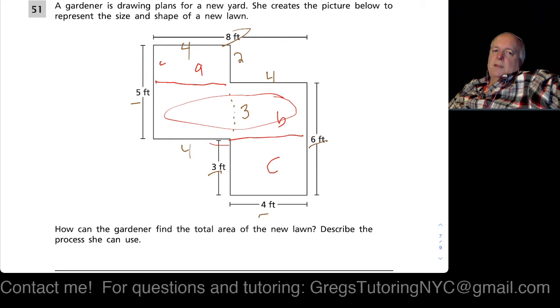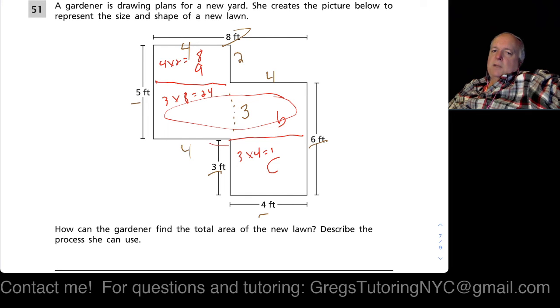If we're looking at the area, that would be 8. Okay? B is a 3 by 8. And that's equal to 24. And C is a 4 by 3, or a 3 by 4. It doesn't matter which way we look at it. And that's equal to 12.